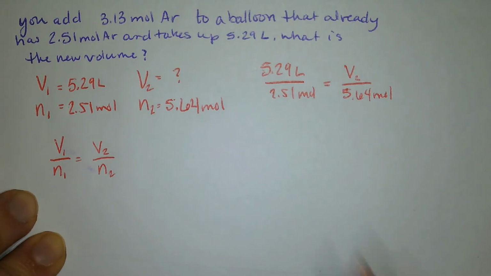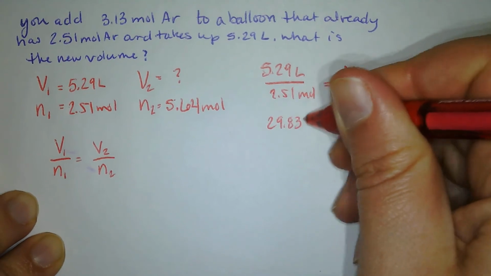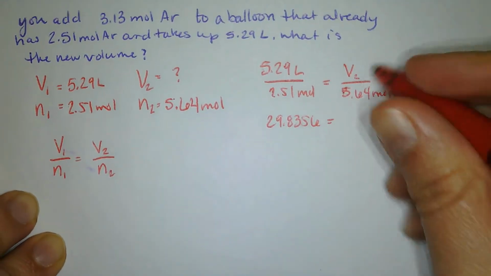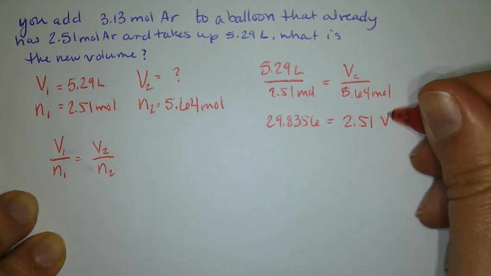So 5.29 times 5.64, and I'm getting 29.8356, equals 2.51 times V2.